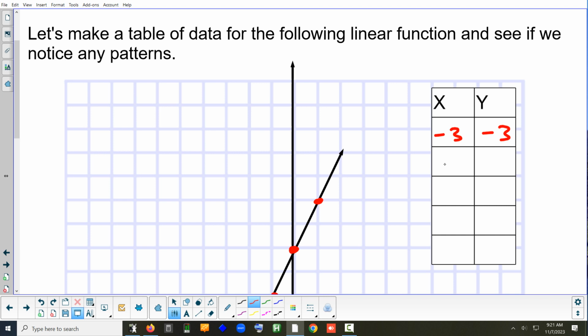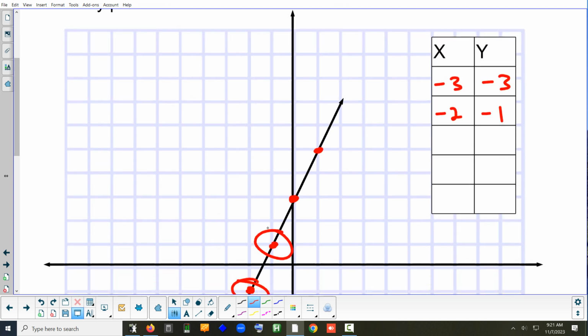Yep. So that's that one. Can someone else tell me what's the coordinate of that point? Over 1, and up 1.